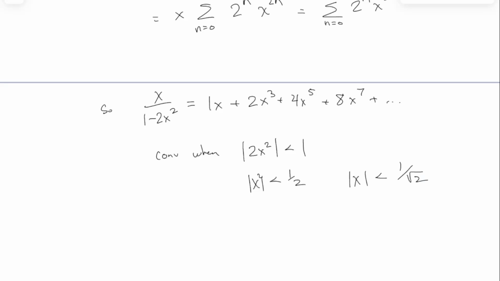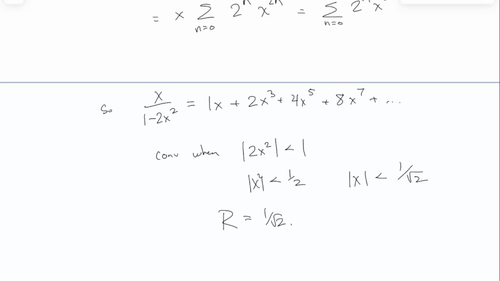This is a little strange, but the radius of convergence here is 1 over root 2, or the square root of a half, if you prefer. It can get a little weird at the end.